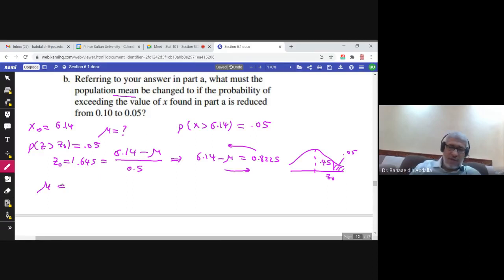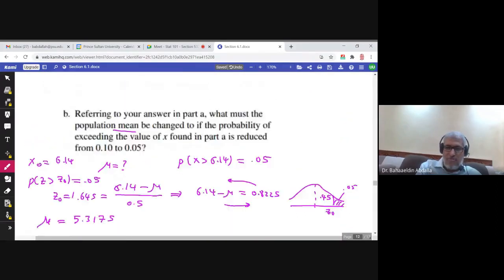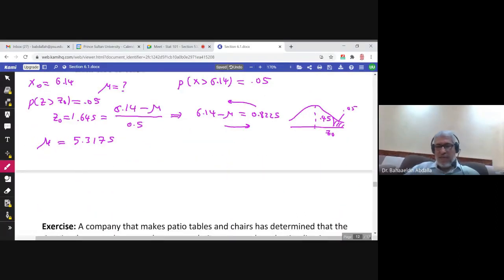So mu would be 6.14 minus 0.8225, and the answer would be 5.3175. So mu will be reduced from 5.5 to 5.3175. It has to go to the left. So the area to the right of 6.14 would be 0.05.